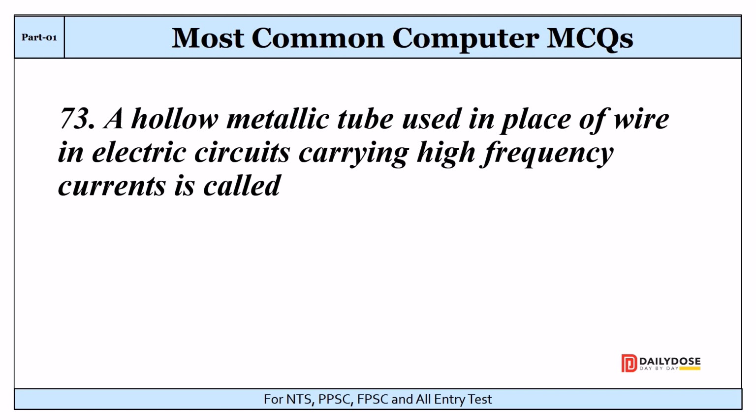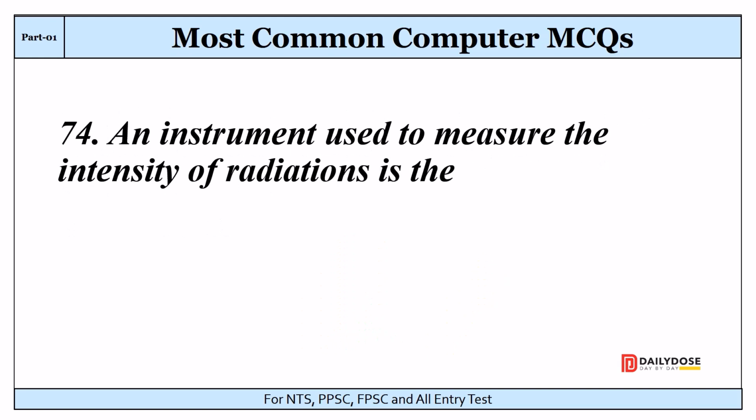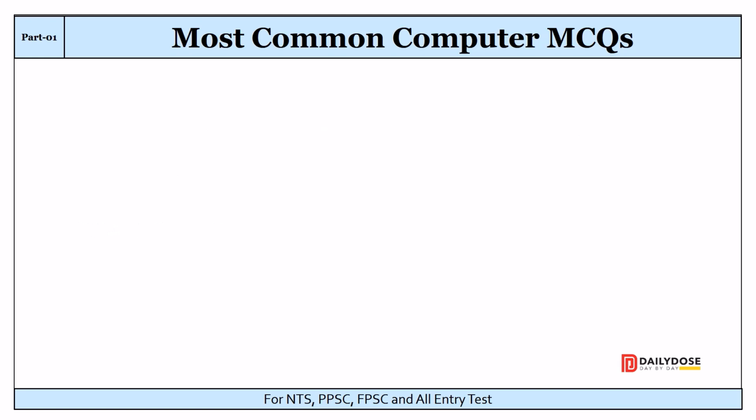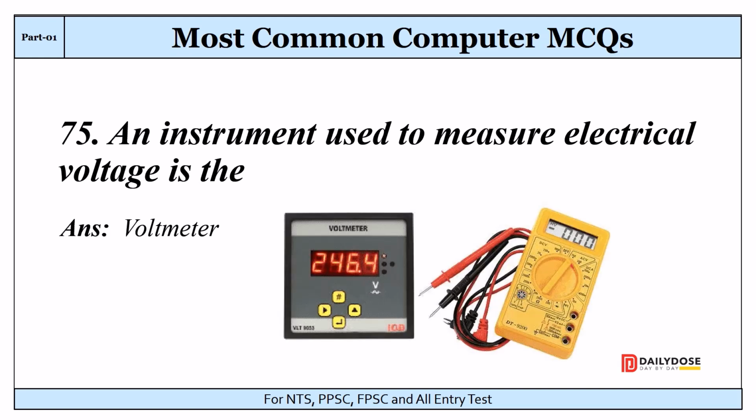A hollow metallic tube used in place of wire in electric circuits carrying high frequency currents is called a waveguide. An instrument used to measure the intensity of radiation is the radiometer. An instrument which is used to measure electrical voltage is the voltmeter.